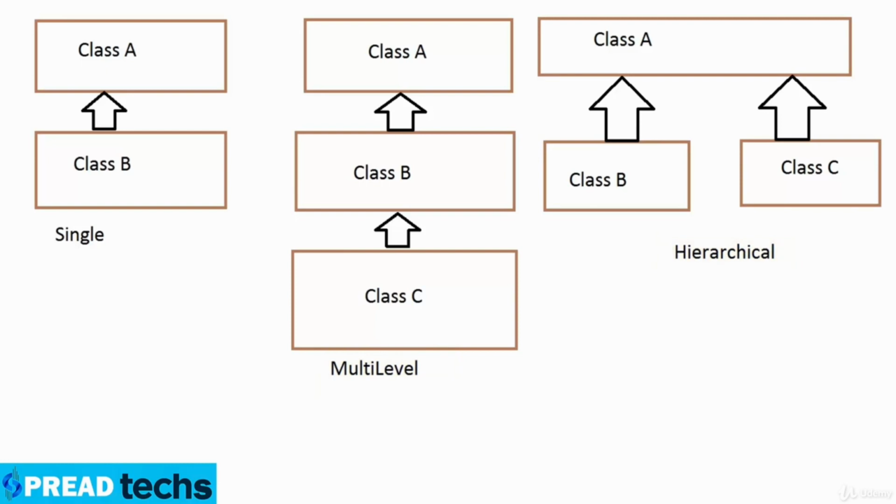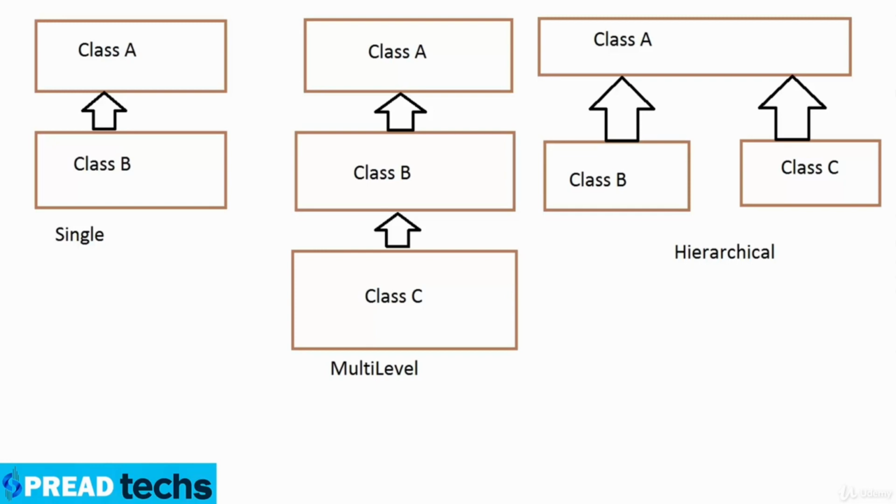We will learn about the interface later in this course. So note that the multiple inheritance is not supported in Java through the classes. So first of all, I just discuss the single inheritance in Java.